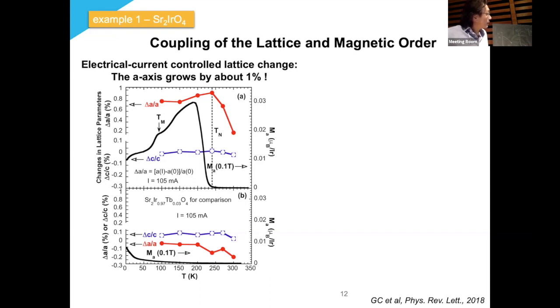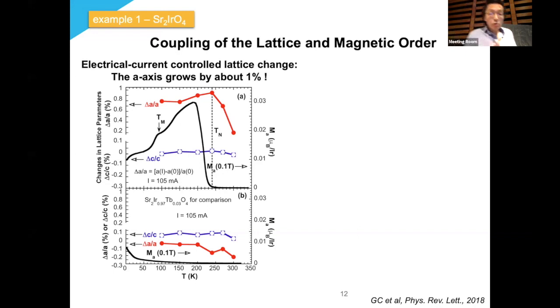What this doping does is completely suppress the long-range magnetic order, and yet retain the insulating state and the crystal structure. We did exactly the same measurements. This is the A-axis, this is the C-axis expansion. You can see that the expansion is very, very small. This gives us some confidence that this behavior may be intrinsic.